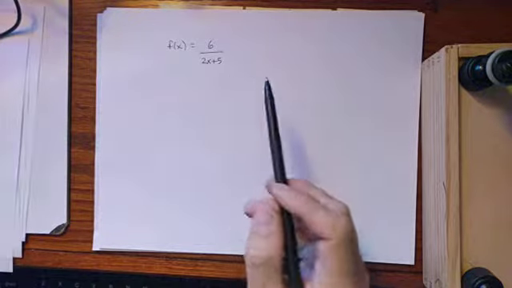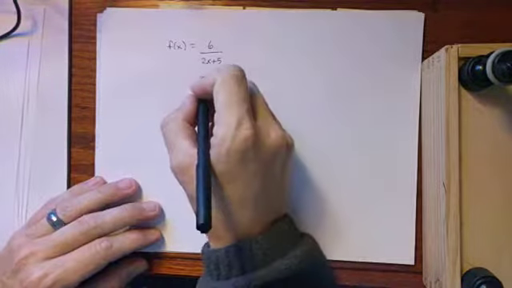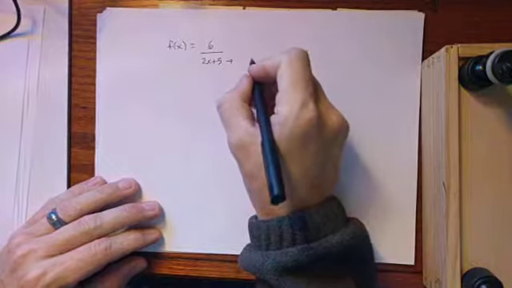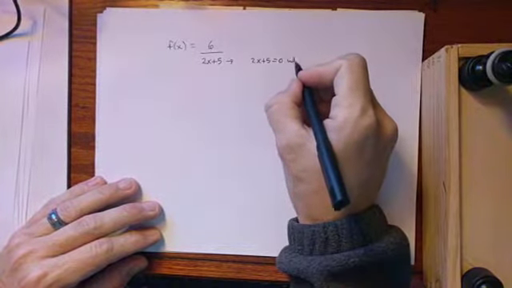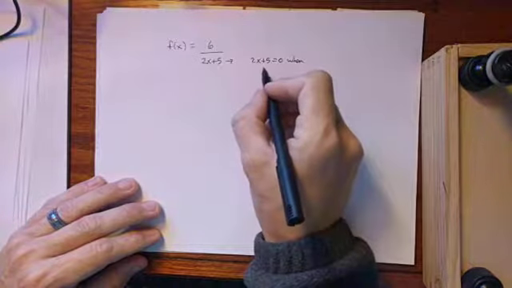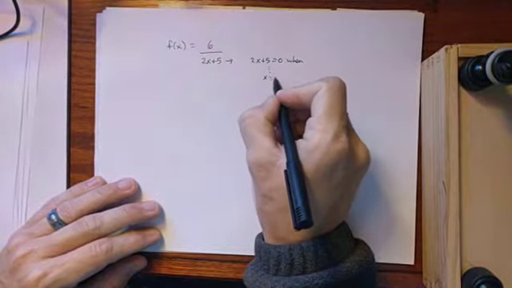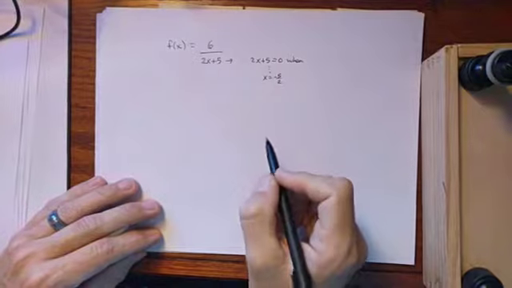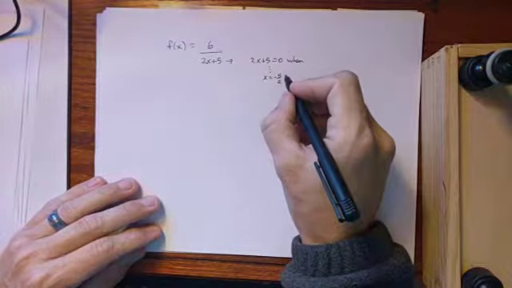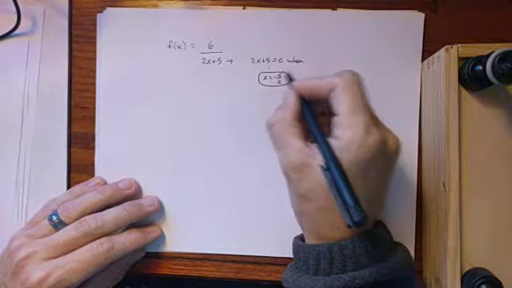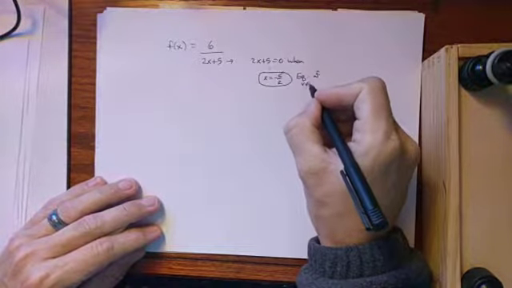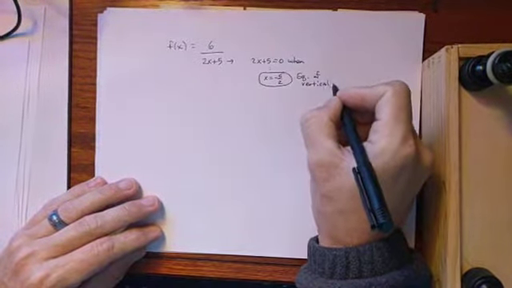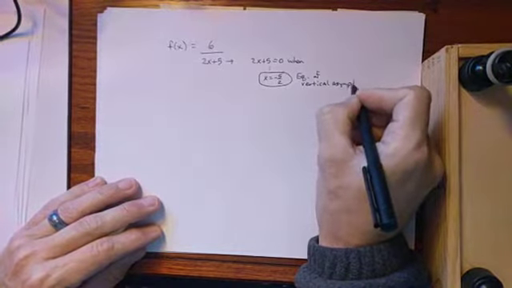So this is where I get to show you what a vertical asymptote looks like. So the denominator, we're going to find out when that equals 0. And we can solve this pretty easily. This is x equals -5/2, right? So this means that this is the equation of a linear vertical asymptote, and by linear I mean vertical line.